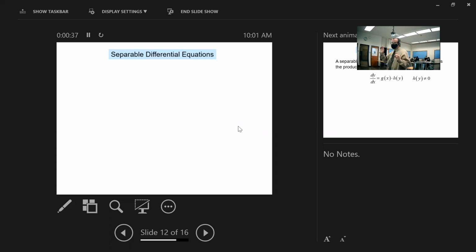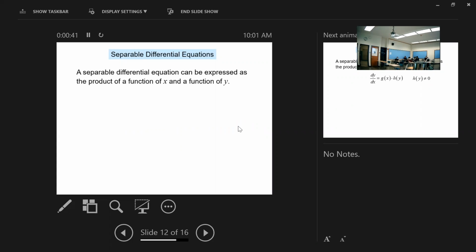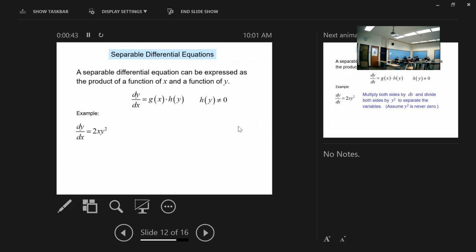So I have to separate the equations. Here's what this means. Suppose you want, this was the derivative. The derivative is 2xy squared, and you want to anti-differentiate that. And this comes up every year.